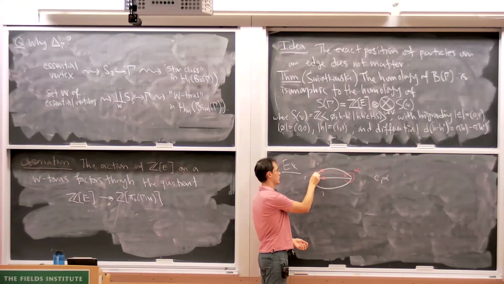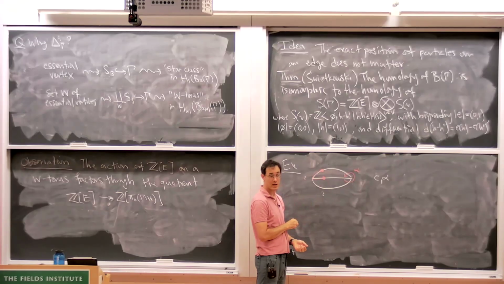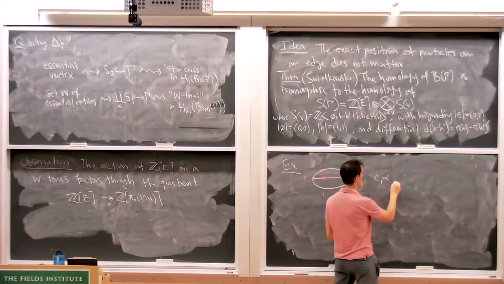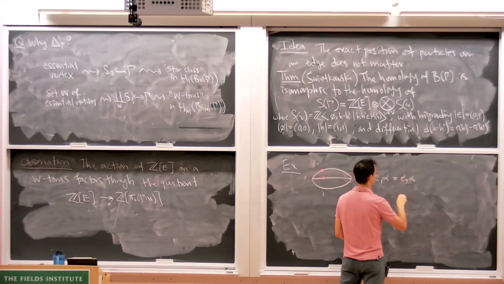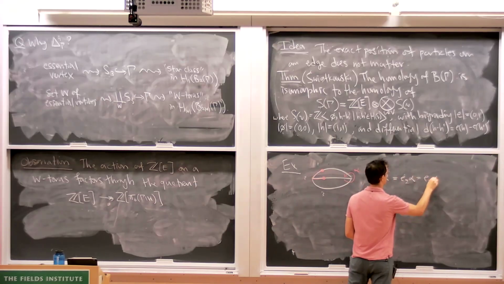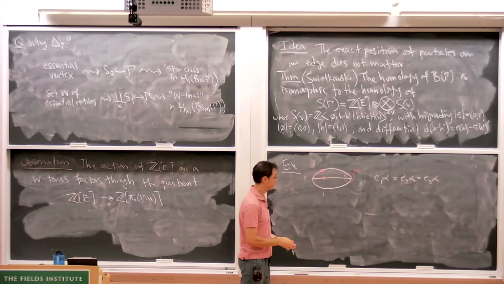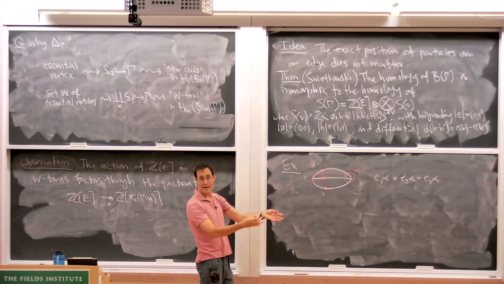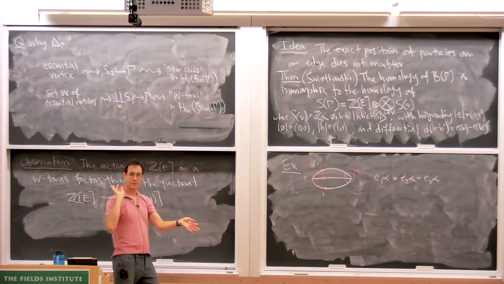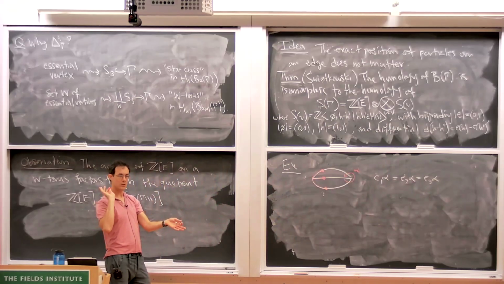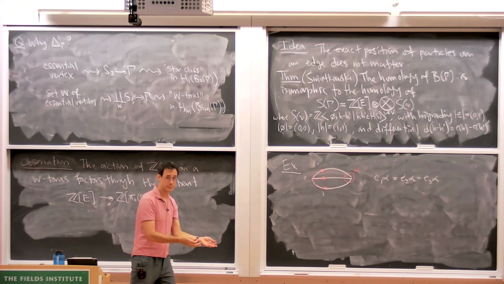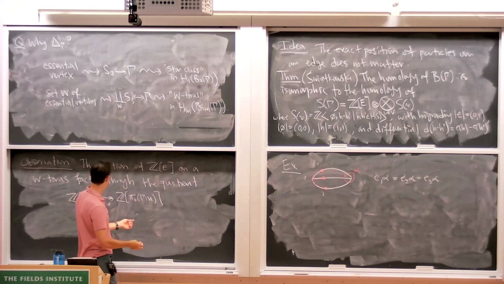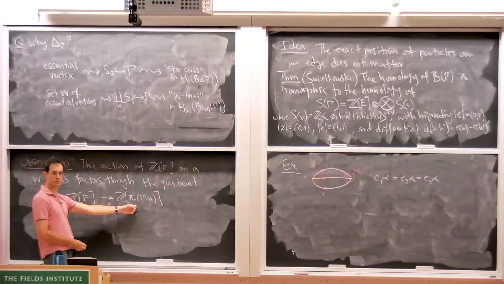I can move this particle onto that edge at will, no problem. So that tells us that E1 alpha is equal to E2 alpha, and for the same reason, that's equal to E3 alpha. Okay, so as long as I can find a path of edges in the complement of the set of vertices connecting 2 edges, they act the same. And that explains why the action factors through this quotient.